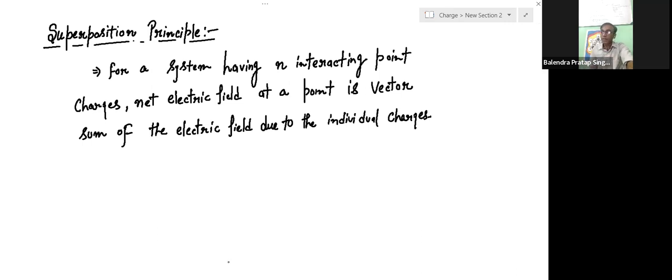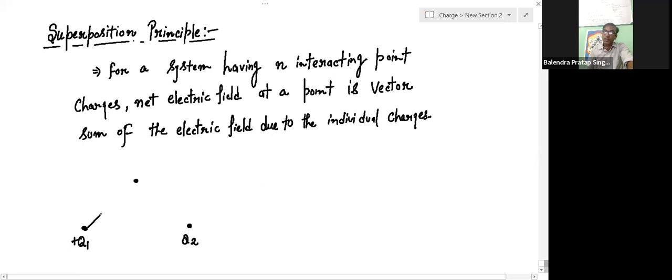For example, if I consider a charge q1, which is positive, plus q1 charge, and there is another charge which is q2. If you are calculating the net electric field due to this system of charges at this point, you will find the electric field due to q1, which is outward.